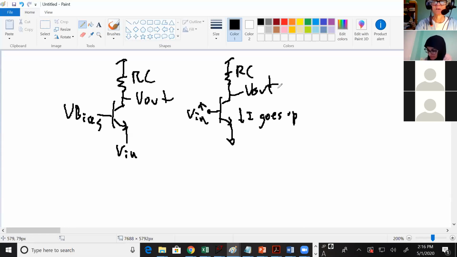And if the current goes up, what happens to V out? It goes down. So if V in goes up, V out goes down. So is this inverting or non-inverting? Inverting. So the input and the output are going opposite directions.